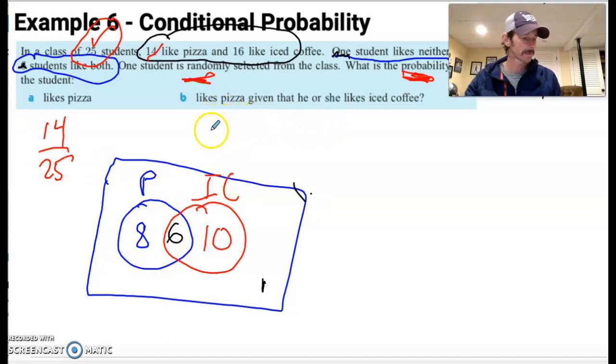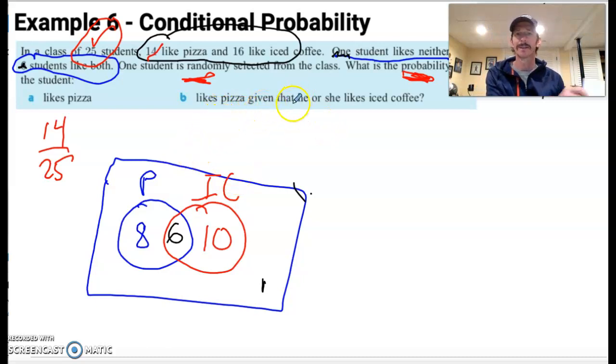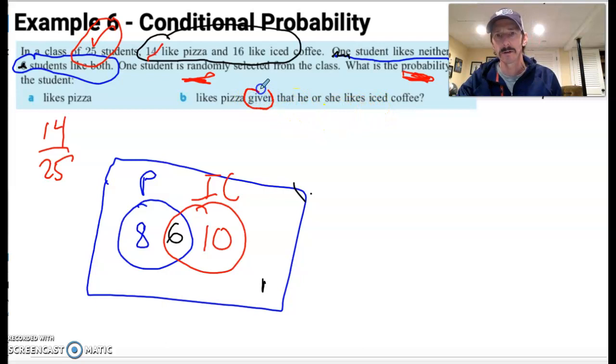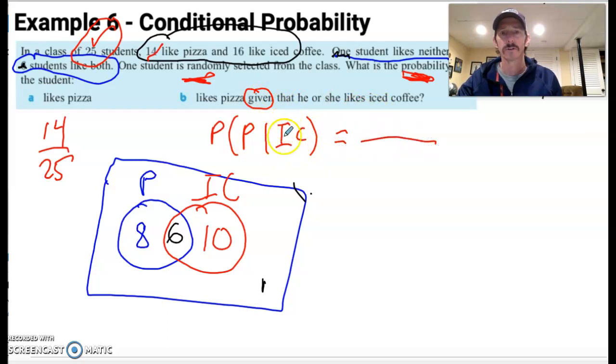All right, now how about kids that like pizza, given that he or she likes iced coffee? So this is the probability that you like pizza given that you like iced coffee. I'm just going to change this so you see the notation. Iced coffee is my denominator, so that would be the entire red circle. Iced coffee goes in the bottom, a total of 16 people.